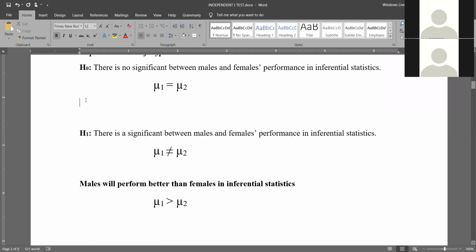Then under H0, you remember I said H0 is what? Is the opposite of H1.